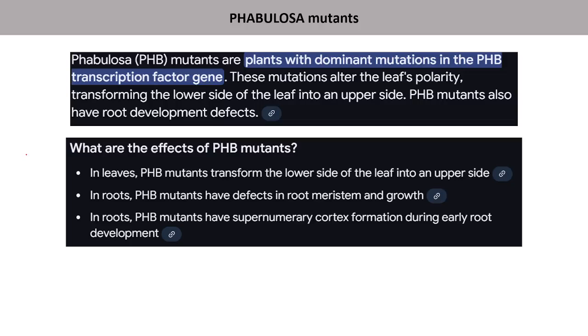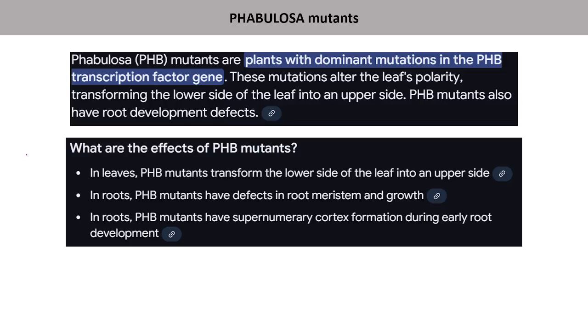Fabulosa is the full form of PHB. The PHB transcription factor gene is responsible for leaf polarity, and if the gene is mutated, the polarity of the leaf is affected, which will cause the lower side of the leaf to become the upper side and the upper side to become the lower side.